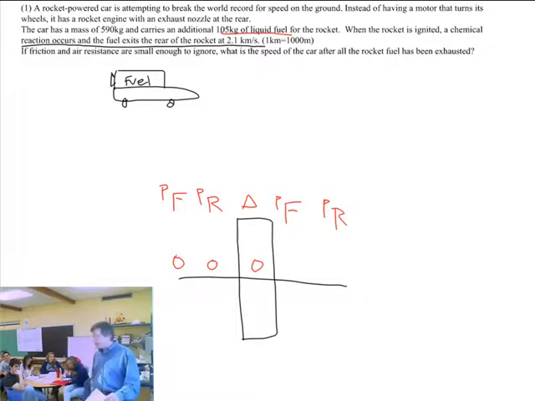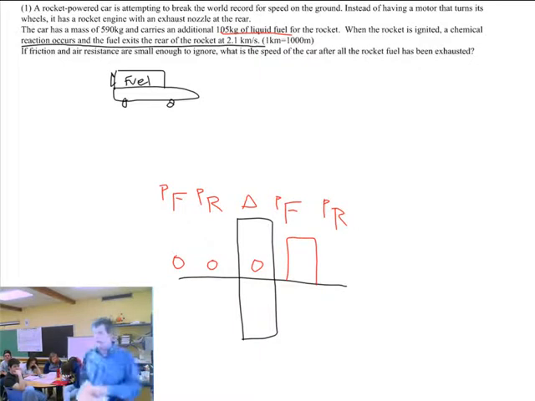So, are there any quantities we know? Yeah. When the fuel gets thrown out the back of the rocket, we know the speed at which it leaves. It doesn't matter if it comes out a little bit at once, or all in one go. All that matters to us is that 105 kilograms of fuel has gone.